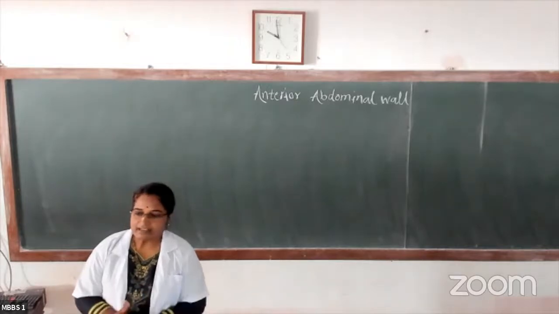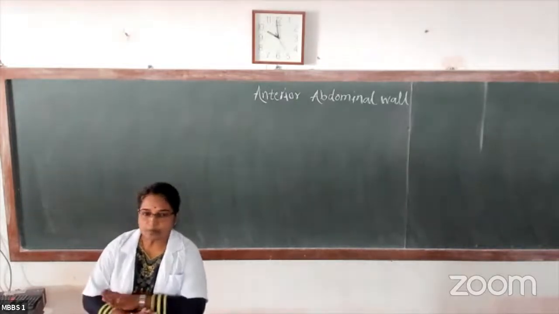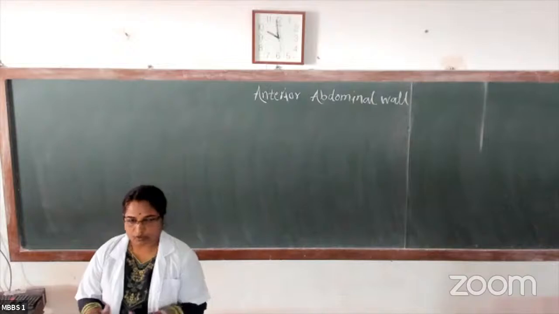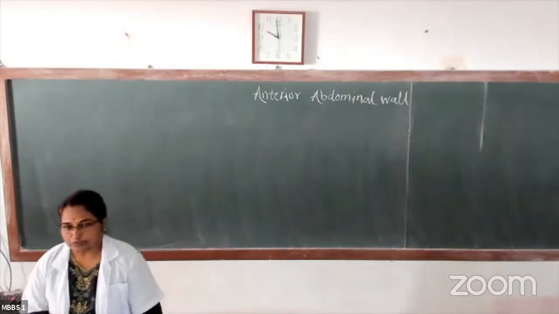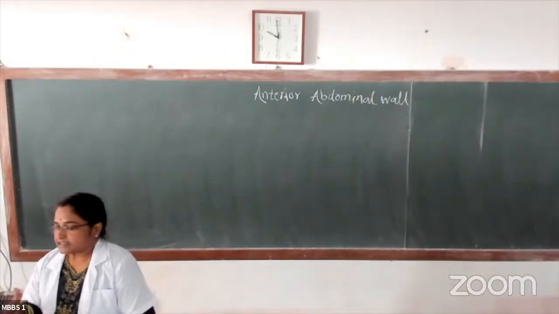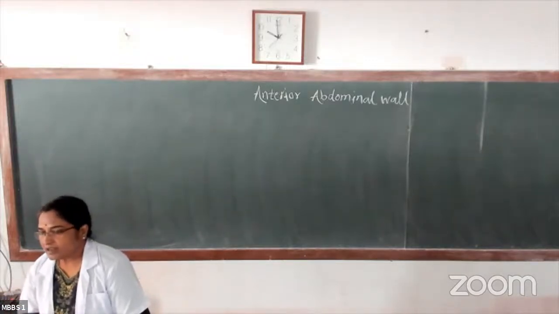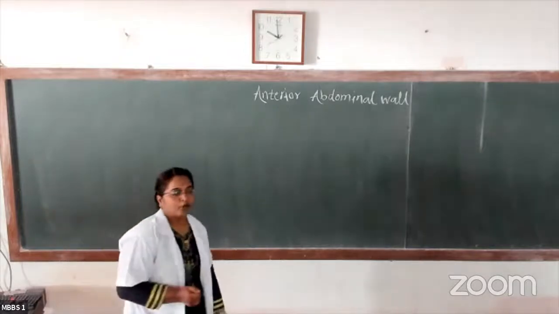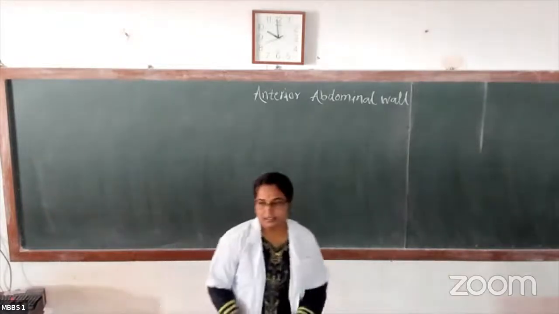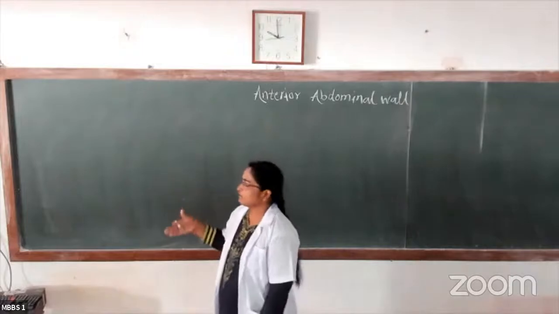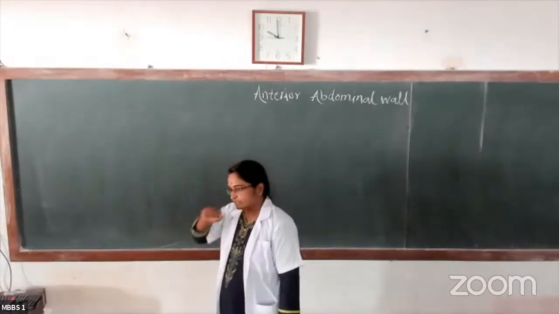Like the thoracic cavity, there are no bony coverings or protection like that of the thorax, but it is the abdominal wall which protects and covers the abdominal viscera.